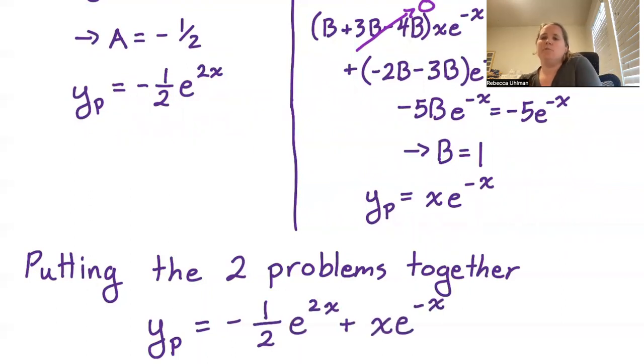So again, it may or may not wind up being that much more work doing it all in one go if we just took our guess to be a e to the 2x plus bx e to the negative x. But this kind of allows us to not have too many terms all in one go. So if we have two completely separate types of terms, this is a trick we can use, and it's using the principle of superposition to do so.